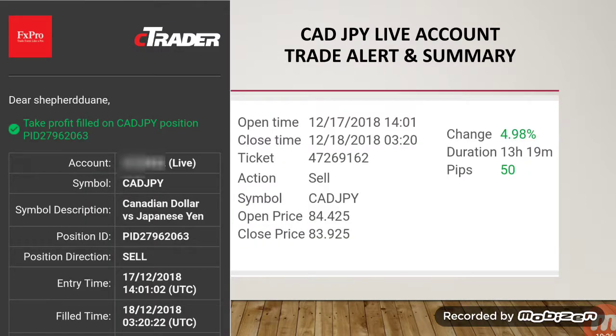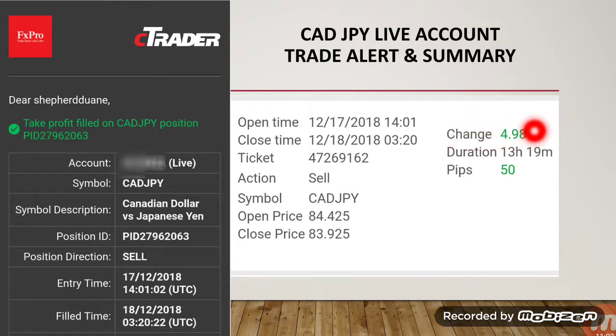You can see here this trade result on the left hand side by the FX Pro email alert that was sent to me, indicating that the take profit order had been filled. And you can see here on the right hand side the basic summary of this trade, which captured a trading gain of 50 pips in just over 13 hours and represented a rate of return of 4.98% on my live account.